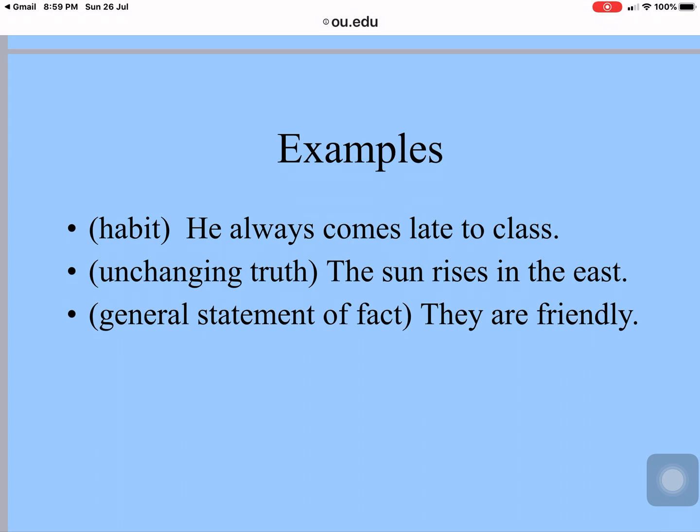Where is the verb here? Here the verb is are. Are is the verb here. Are is a plural verb and the singular verb will be is. As the subject is plural, we have used a plural verb.